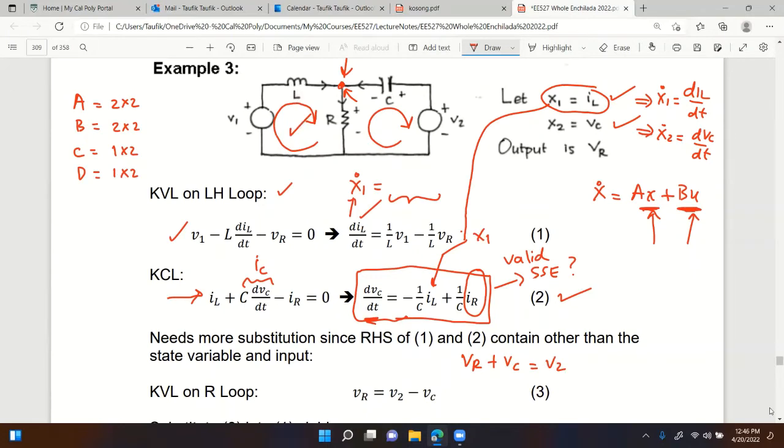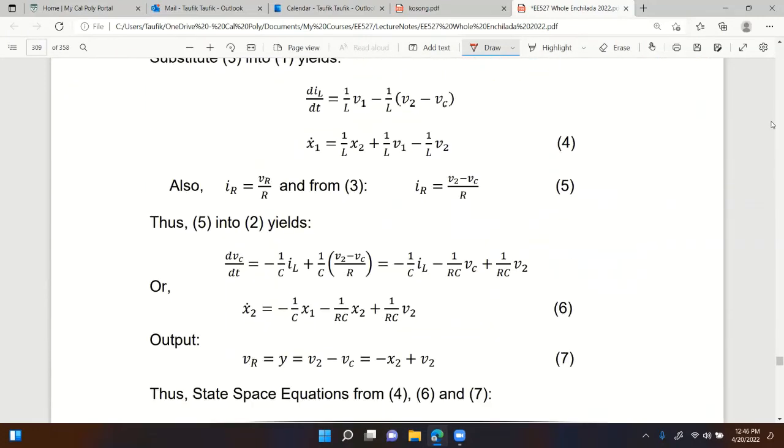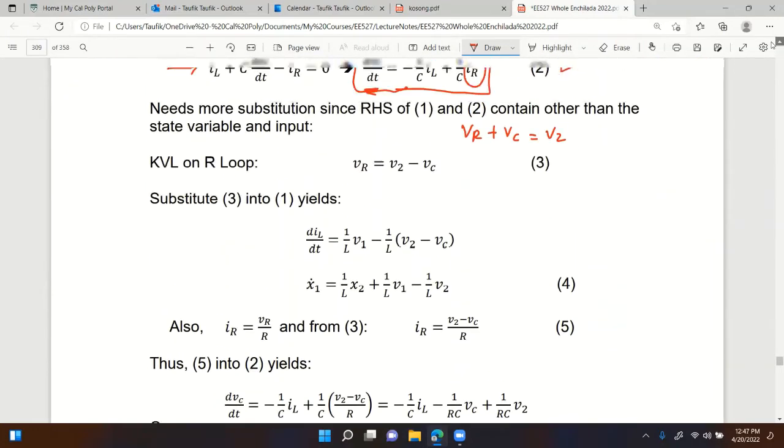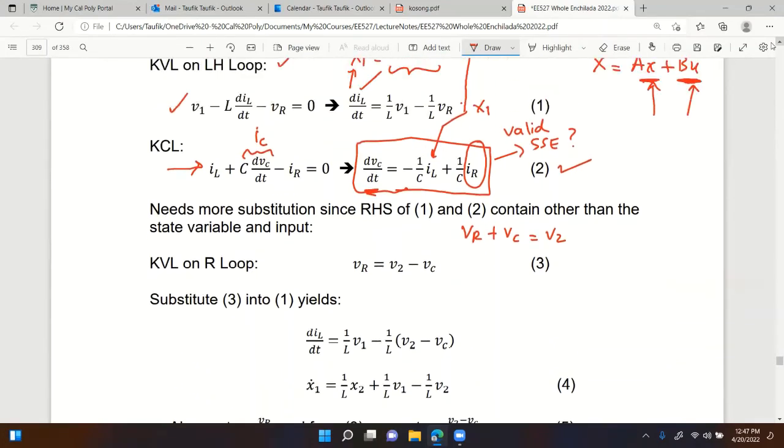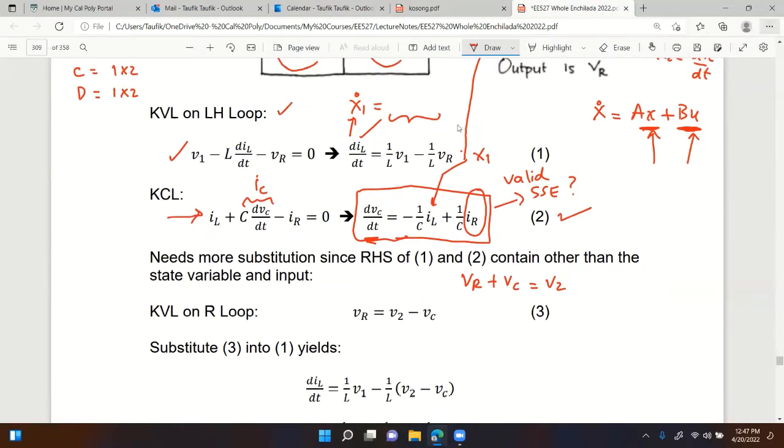Right there. So VR plus VC is equal to V2. So therefore, VR is equal to V2 minus VC, right? So I want to get rid of VR, because we know that it causes the problem for the first equation.